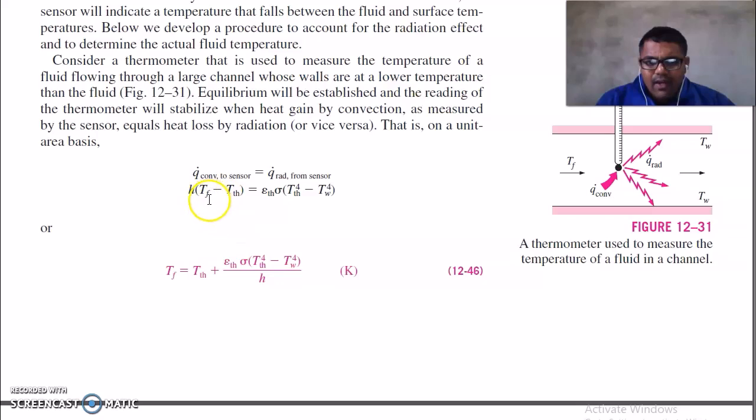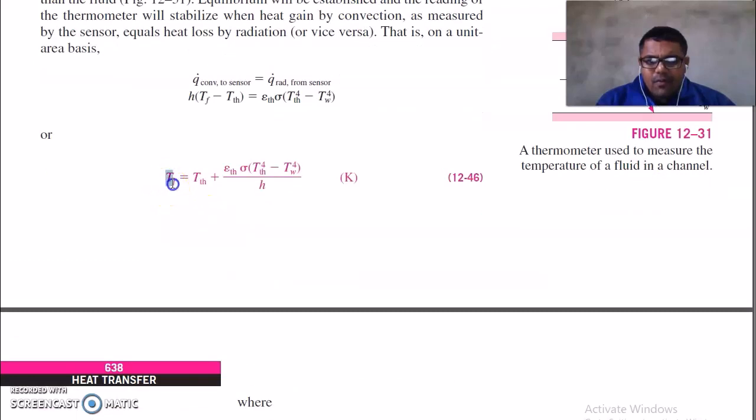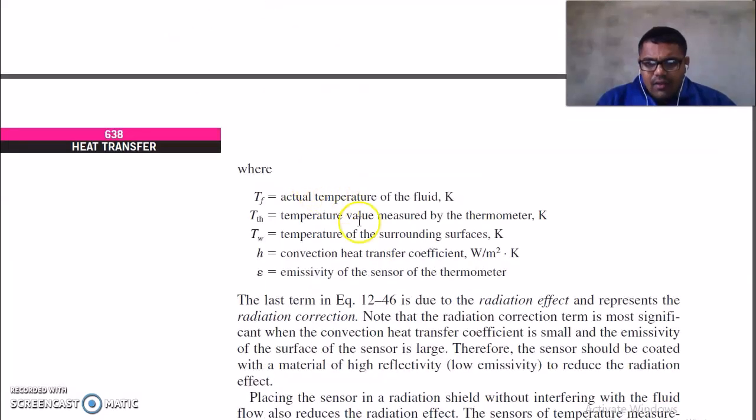From here you will find the temperature TF in terms of the thermometer temperature plus this. Now the temperature of the fluid must be equal to the thermometer if there is no radiation effect. So this factor, which is extra here, is called the radiation effect and represents the radiation correction.